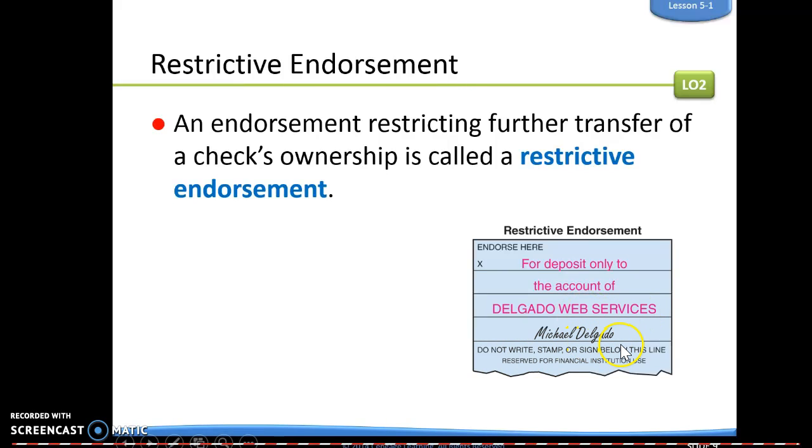So what happens here is that, let's say that we have this on the back, we have signed it, and we accidentally lose the check on our way to the bank. No one can pick that check up and deposit it into a different account. The reason for it is because it says specifically on here that this check can only be deposited into this Delgado Web Services account. A lot of times as well, it's not on this one, but a lot of times they'll have the actual account number written on there.